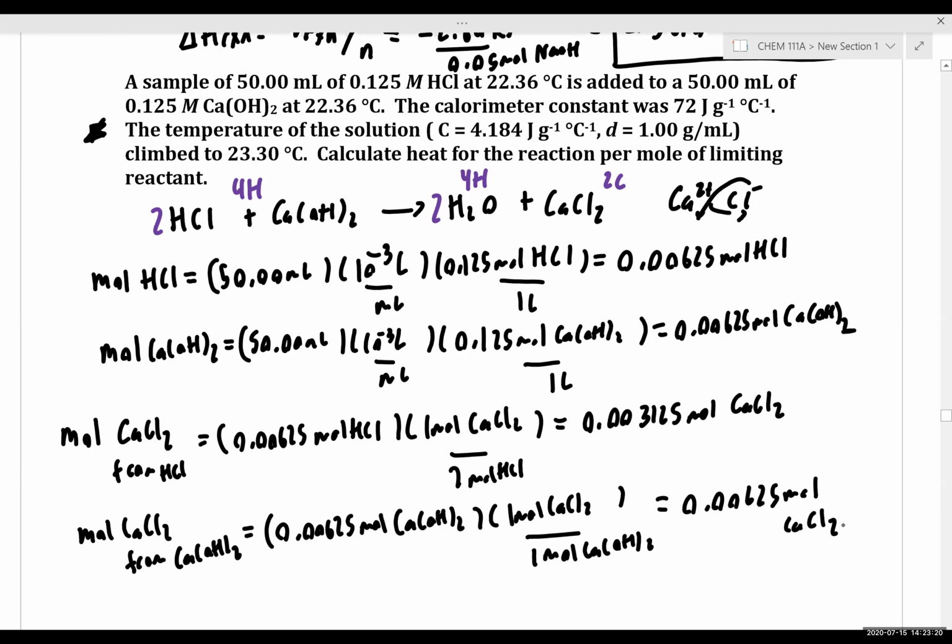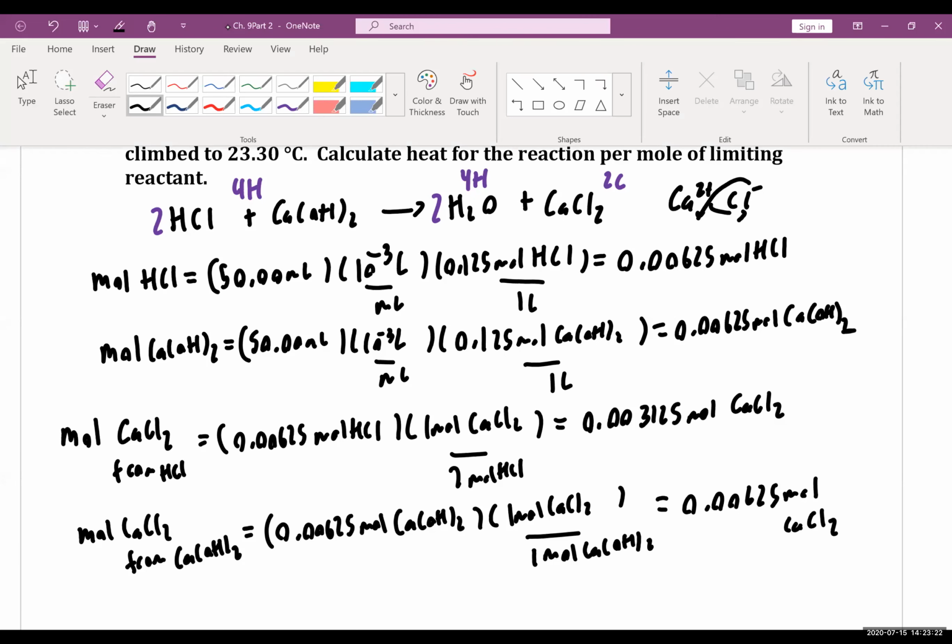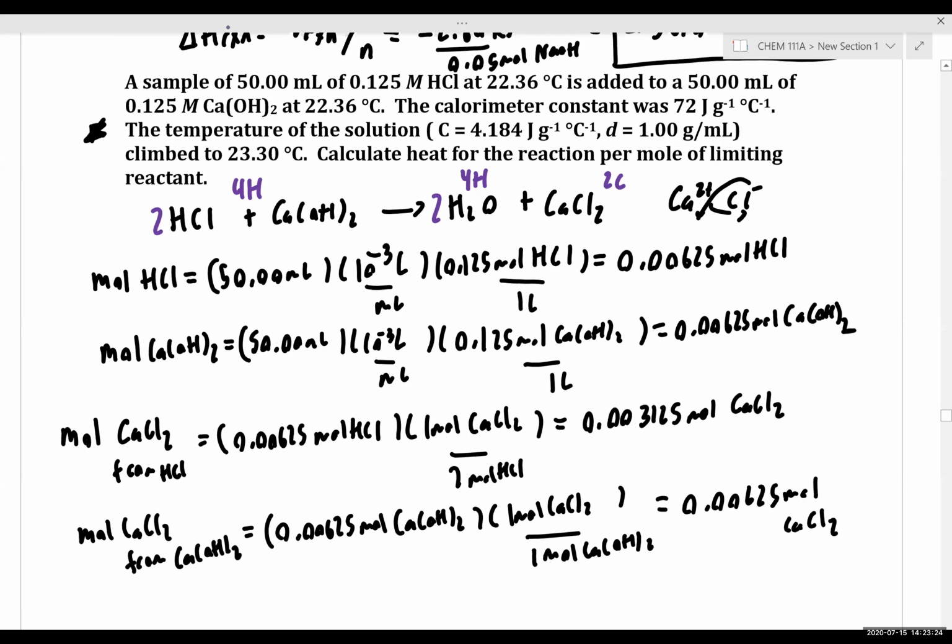So which reactant is limiting? Hydrochloric acid or calcium hydroxide? Hydrochloric acid is exactly correct. So we're going to use the moles of hydrochloric acid when we write out our molar enthalpy.